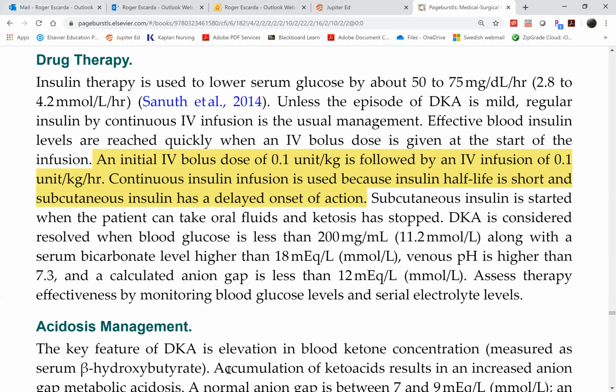So to demonstrate, you give 0.1 units per kilogram of insulin, right? So this is your insulin vial, so it's regular insulin. You draw it with an insulin syringe.